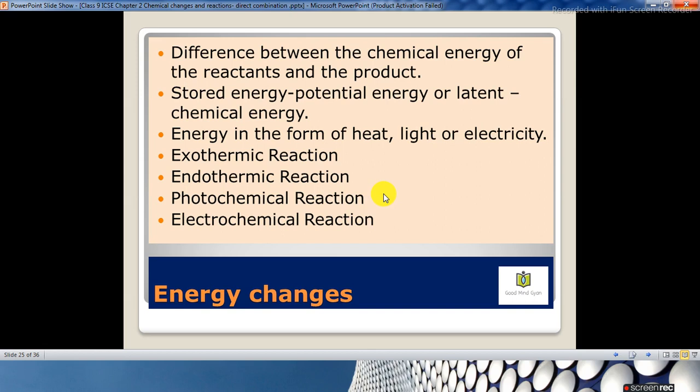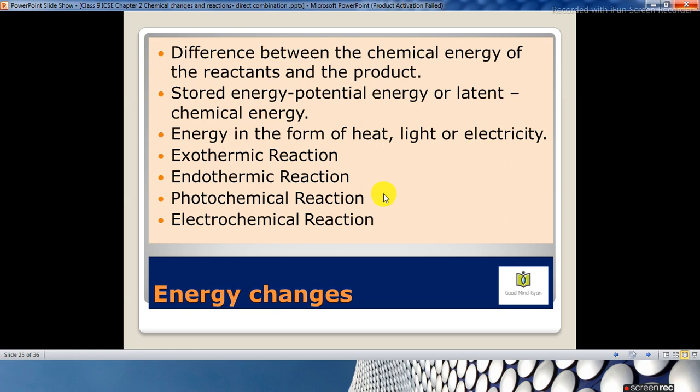Then we have energy in the form of heat, light, electricity. We also have exothermic reactions in which energy is released, endothermic reactions in which energy is absorbed, photochemical reactions which require the presence of light, and electrochemical reactions where electrical energy is required.